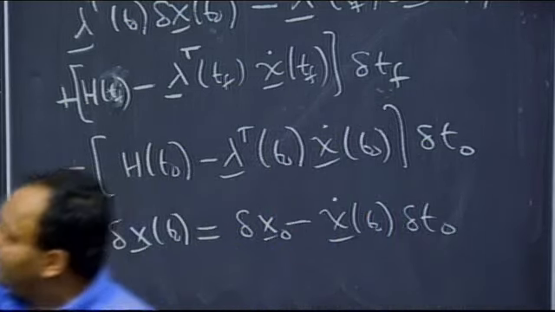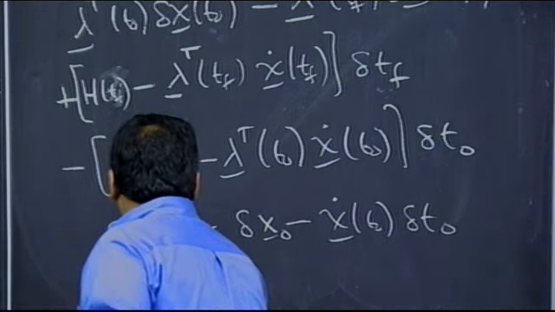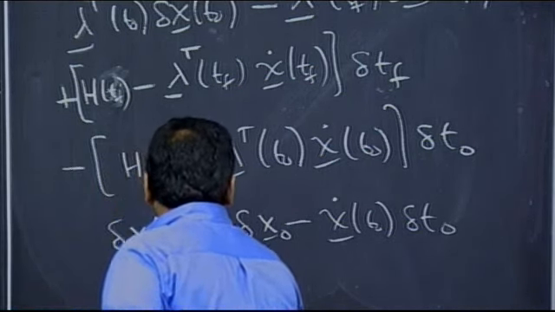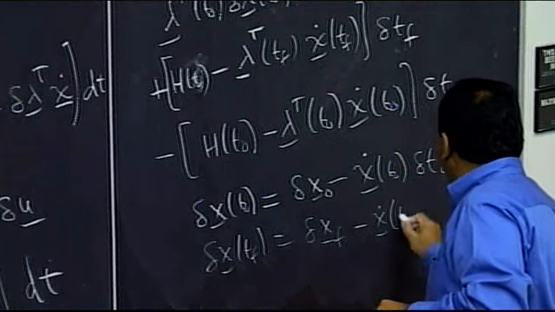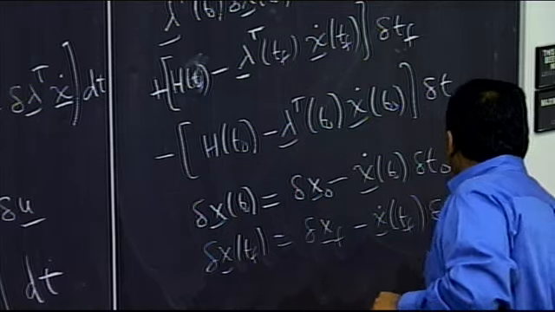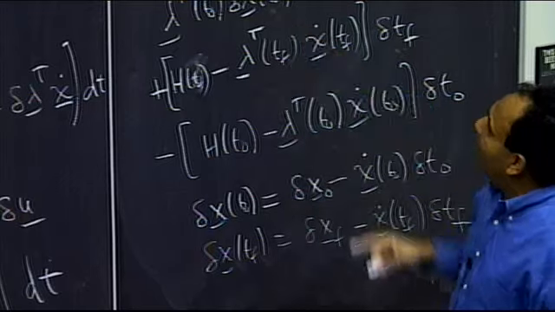I wrote that down earlier, and I erased it already. The variation in x at tf is equal to the variation in xf minus x dot at tf times the variation in tf. So if you plug these two in up here, you'll see what you get.